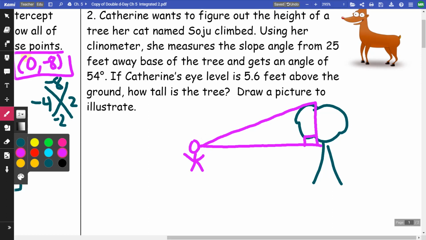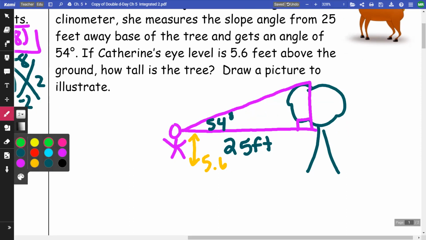Now, that angle is 54 degrees. The distance from the tree is 25 feet. And the height of her eyes is 5.6. And we want to find this y.